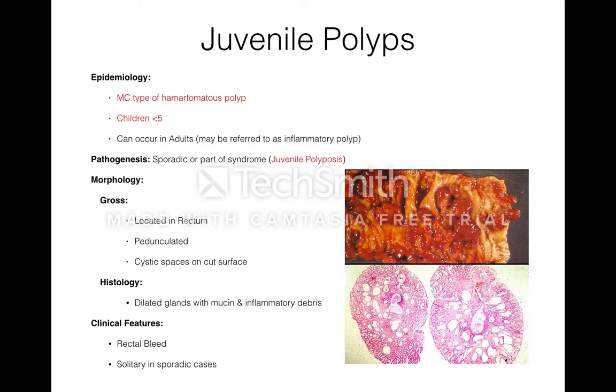They are characteristically located in the rectum and grossly are pedunculated with cystic spaces on cut surface, and you can see that clearly in this picture. On histology, you can see dilated glands with mucin and inflammatory debris. Patients will often have rectal bleeding, or in some cases even prolapse of the polyp where they can feel it protruding through the anal rectal sphincter.